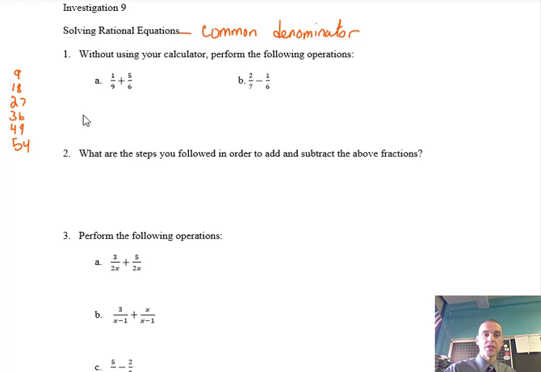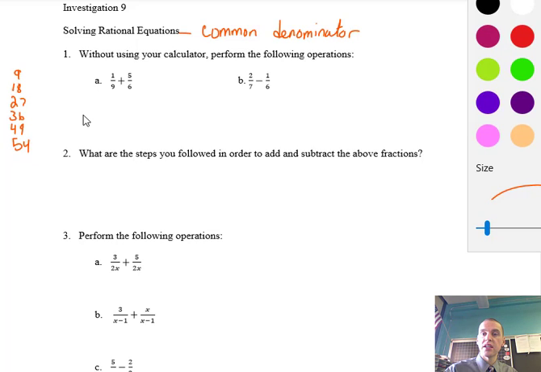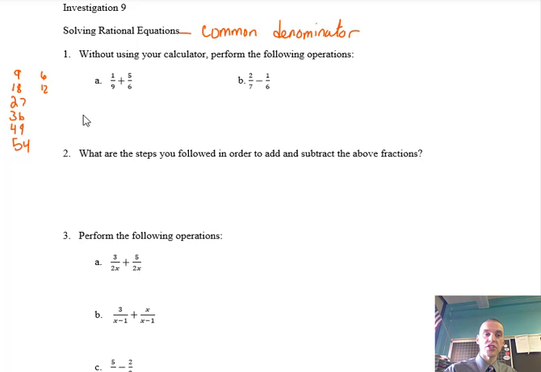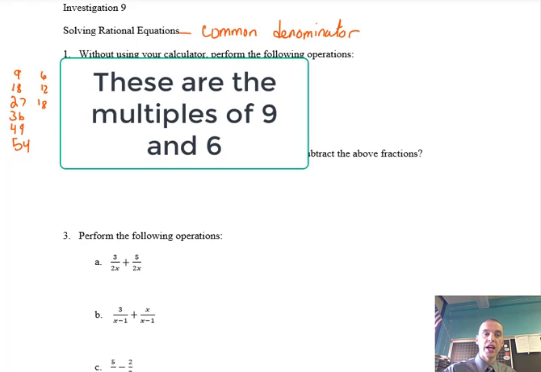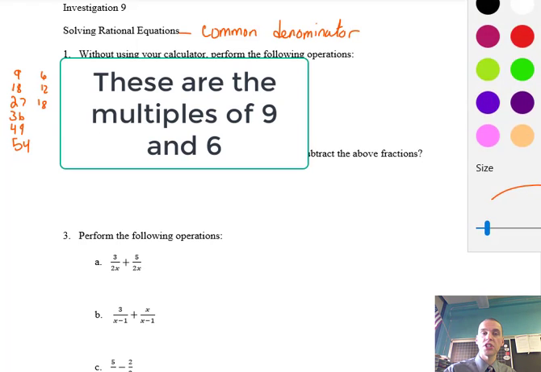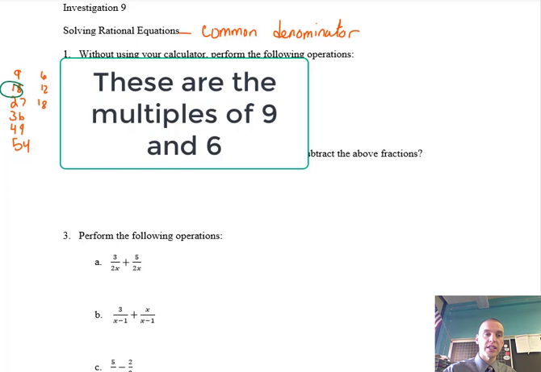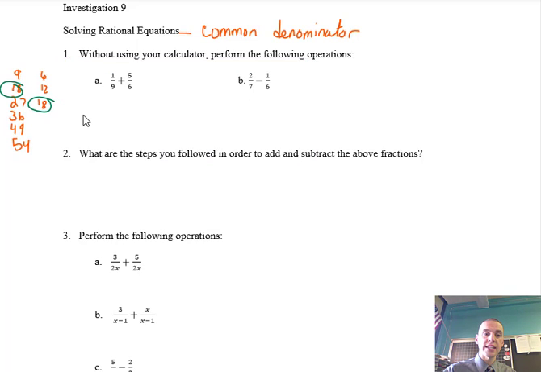We'll stop there. Notice that this is 9 times 1, 9 times 2, 9 times 3, 9 times 4, 5, and 6. 6 can be turned into 6, 12, 18, and right there we can stop, because what you will notice is that 18 and 18 are the same, meaning that our common denominator can be 18.